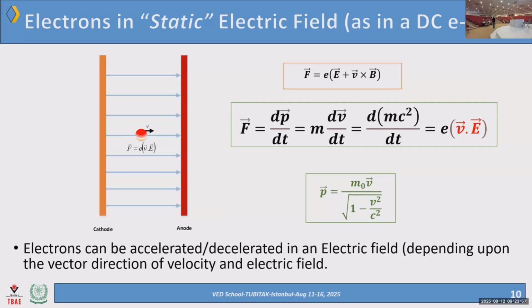It's a dot product, so the maximum kick will be in the direction of the electric field. Okay. For example, if a charge is moving in upward direction, then the cos of 90 is 0. Because v dot E is cos of the theta. So the change in momentum is basically due to the electric field.